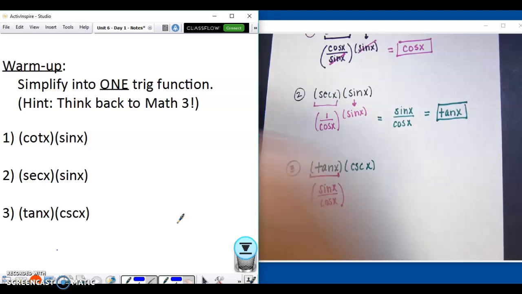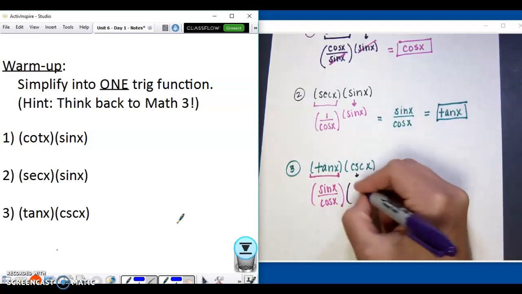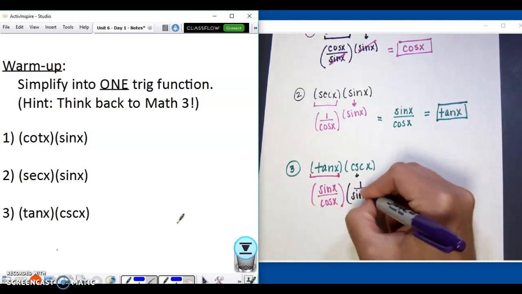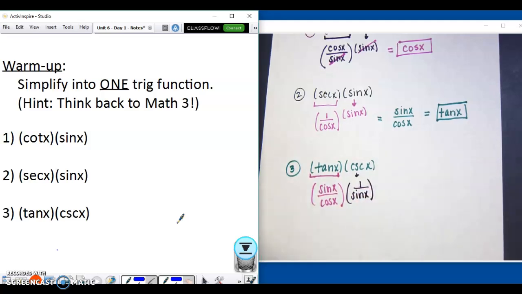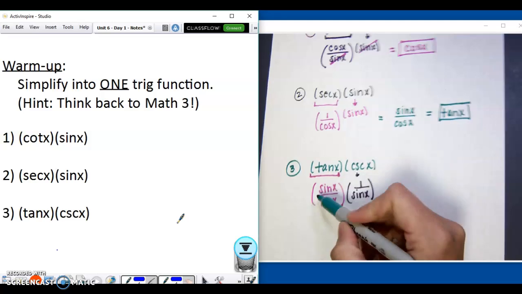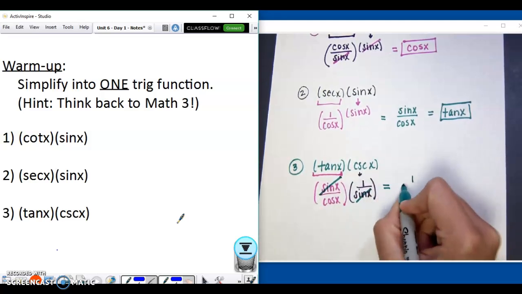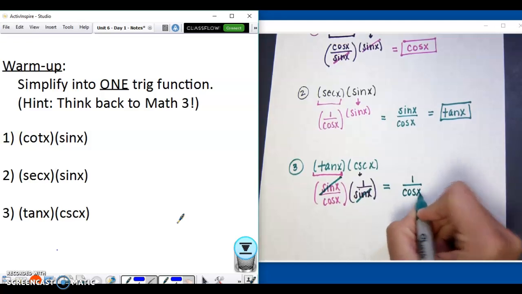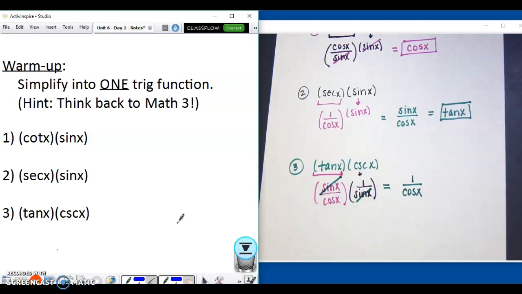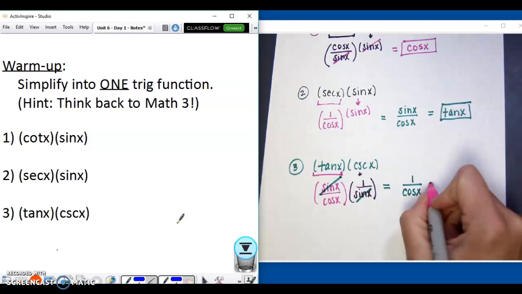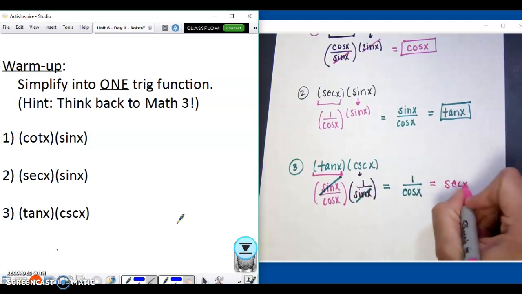And then cosecant x goes with sine, so it's 1 over sine x. Okay, because we have sine in the numerator and in the denominator, we can cancel those out. So we're left with 1 in the numerator over cosine x. Well, 1 over cosine is equal to secant x.